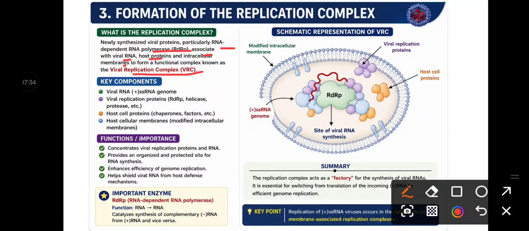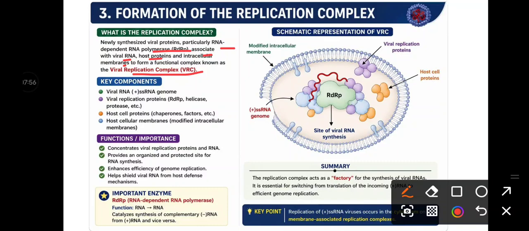It is nothing but a complex of necessary proteins and enzymes required for replication or multiplication of the plant viral genome, or for the multiplication of single stranded RNA virus.